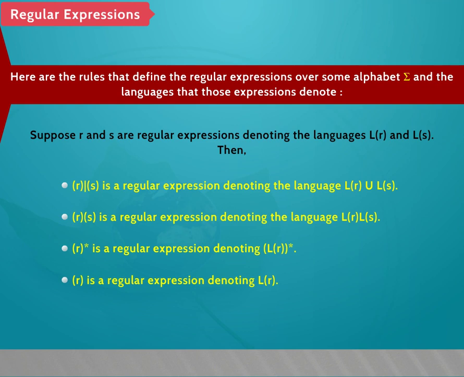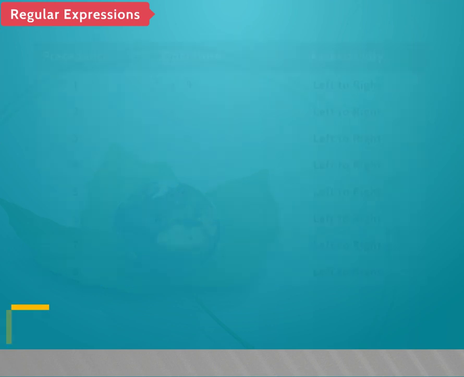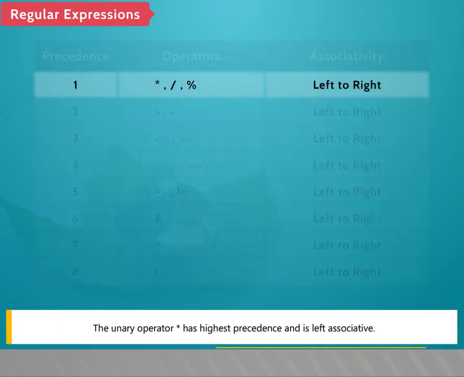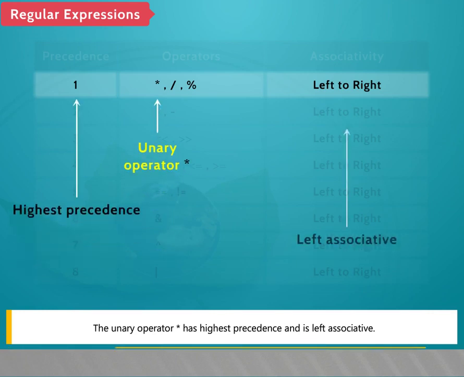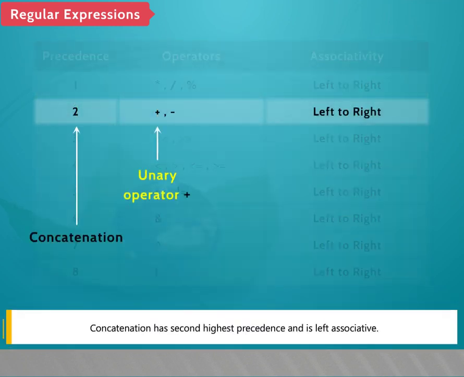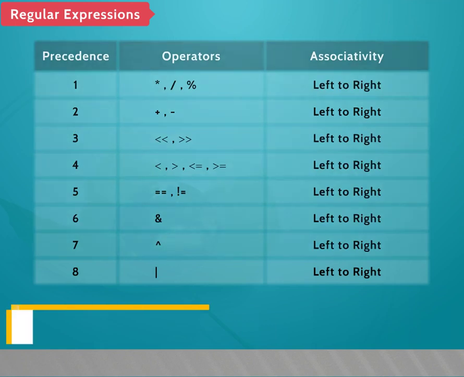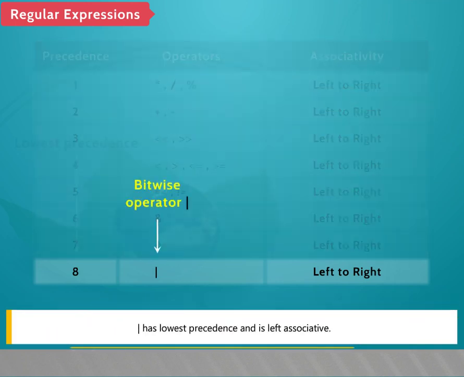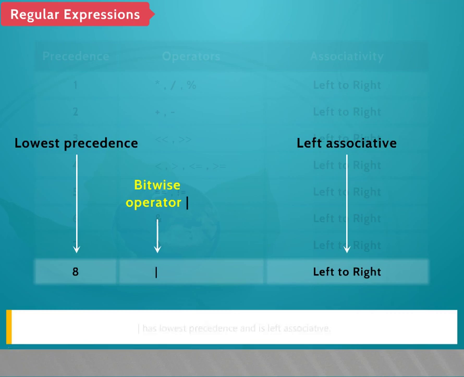R* is a regular expression denoting (L(R))*. (R) is a regular expression denoting L(R). The unary operator asterisk has highest precedence and is left associative. Concatenation has second highest precedence and is left associative. Slash (|) has lowest precedence and is left associative.